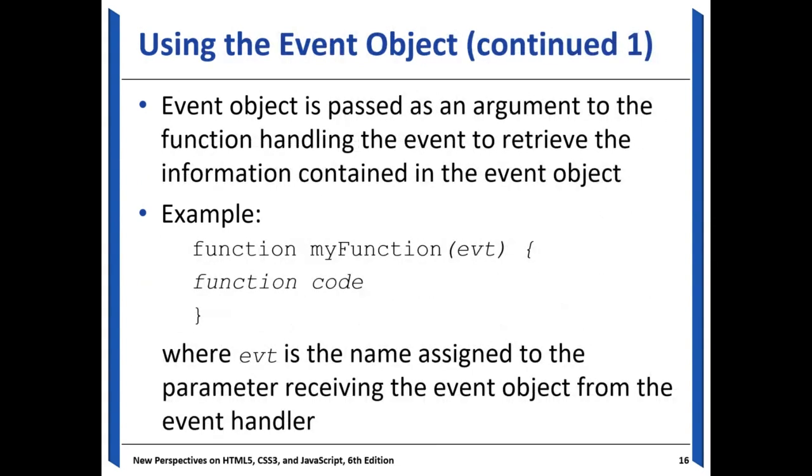The event object is passed as an argument to the function handling the event, and it's going to retrieve the information contained in the event object. So we see the example of the syntax with function, myFunction, and then the event. Those are the names that will be assigned to the parameters receiving the event object from the event handler.